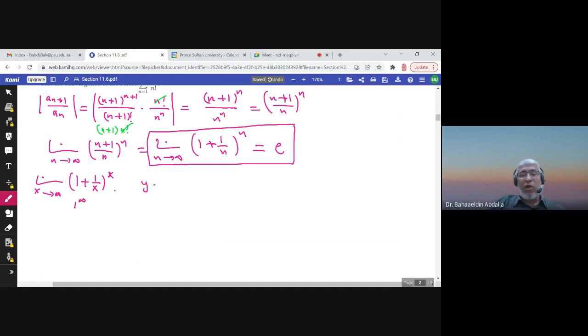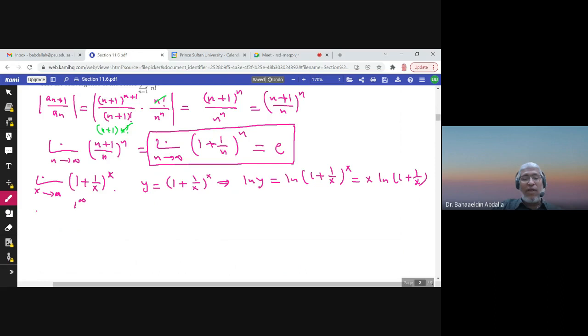So I let y equal 1 plus 1 over x to the power x. That's how we deal with this indeterminate form. And then I apply ln to both sides, and I use properties of ln to bring x outside.